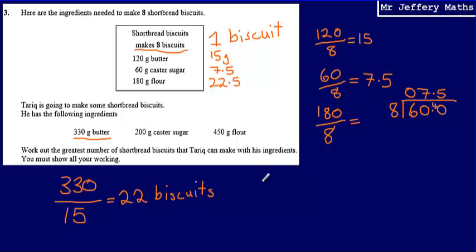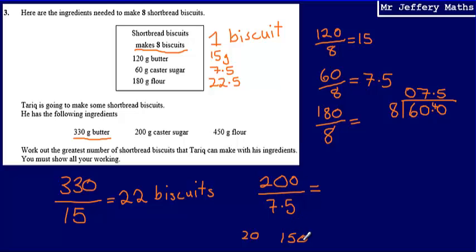Let's do the same thing with the sugar. So 200 divided by the amount needed for one biscuit, so 200 divided by 7.5. The way that I'm going to do that is I'm going to start by saying that 10 7.5s would be 75, which means that 20 7.5s would be 150, and then if I know that 20 7.5s is 150, that means that I've only got 50 left.